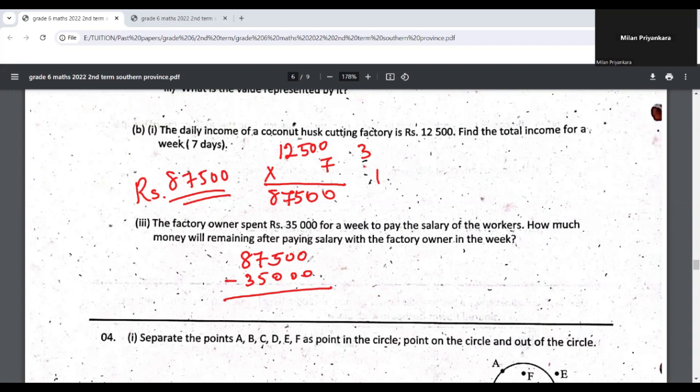So this is the amount of money he spent. 0 minus 0, 0 minus 0, 5 minus 0 is 5, 7 minus 5 is 2, 8 minus 3 is 5. So your answer will be 52,500 rupees, right? So this is the answer for the third part of the third question, B, right?